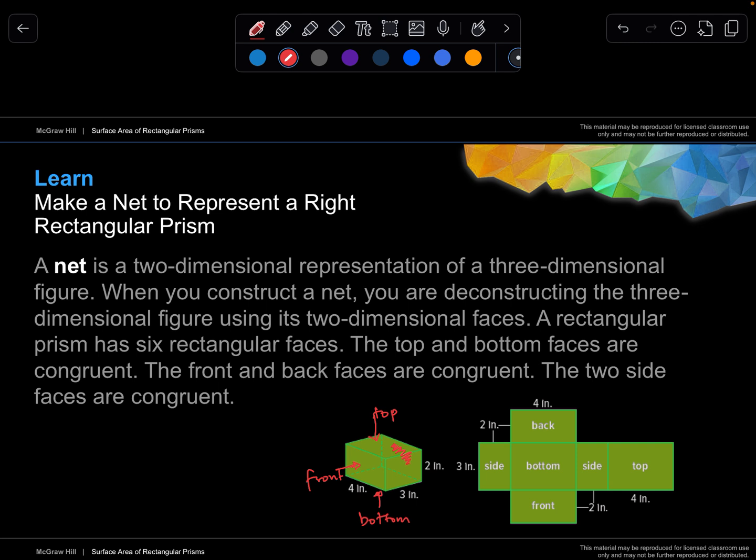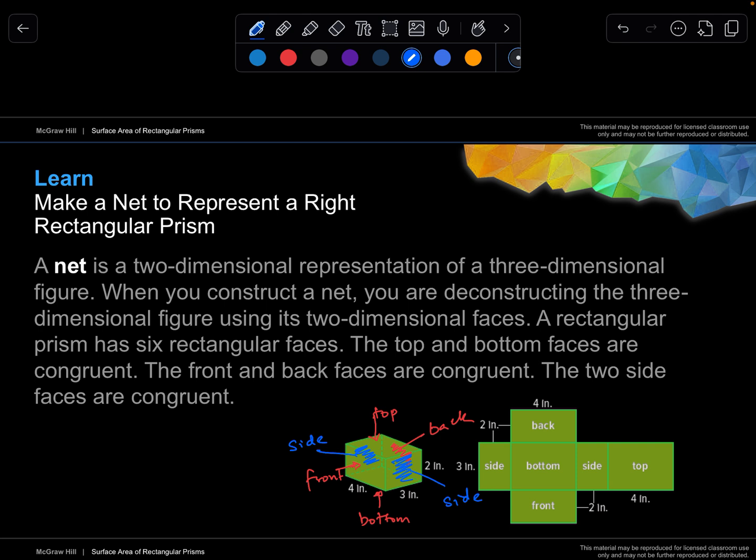That's my back face. And then this face over here is going to be one side, and the similar face over there is going to be the other side. You'll see how this deconstructs in a moment. So we have 3 sets of congruent faces.